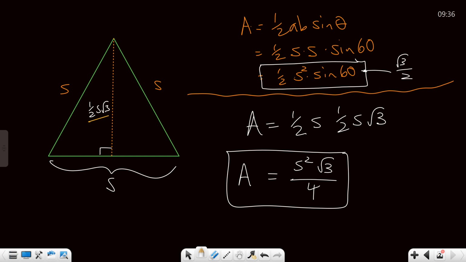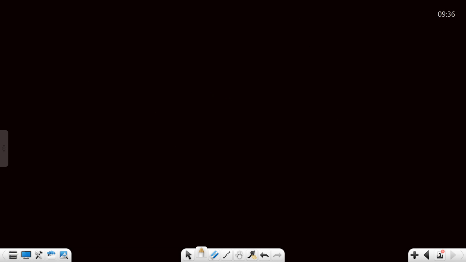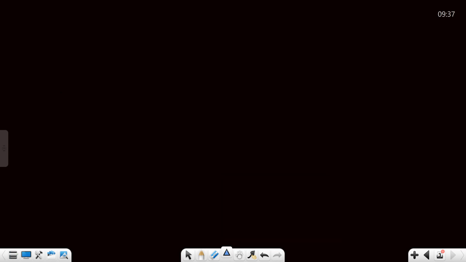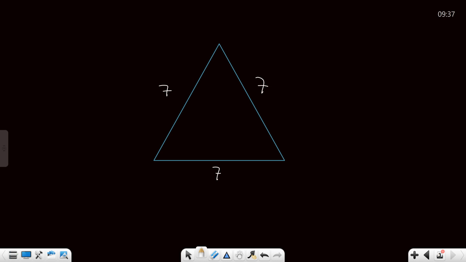Okay. Again, all of this stuff in white and orange is a derivation of where this formula comes from. All you're going to do is plug and chug. Okay. Have you got all this? Can I move on to a new slide? We're good? Okay, so for instance, find the area.